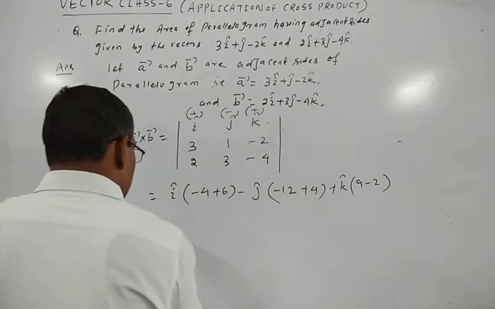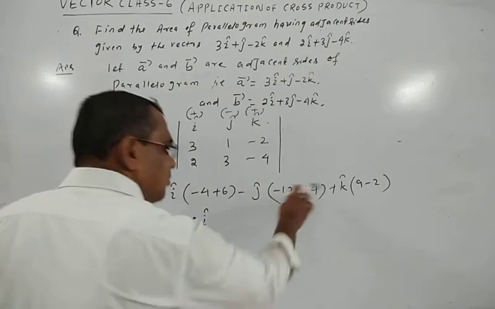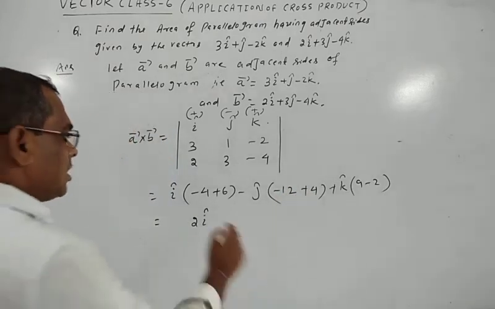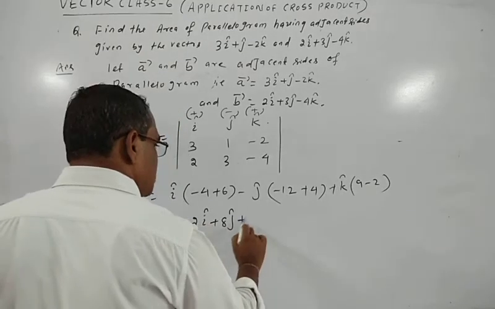So this is equal to 6 minus 4, 2i cap. Here minus 12 plus 4, minus 8, minus 8 plus 8, this is the 8j cap, and 9 minus 2 is equal to 7k cap.